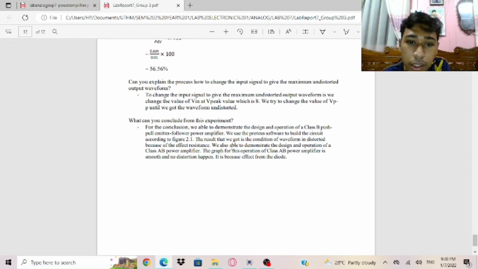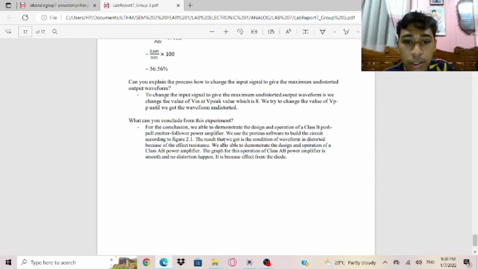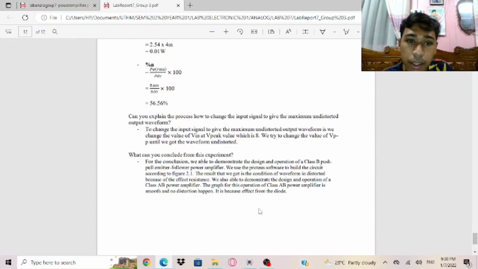And next, we are also able to demonstrate the design and operation of a Class AB, where we can see the graph for this operation is smooth and no distortion happens, and it is because of the effect from the diode. That's all. Thank you.